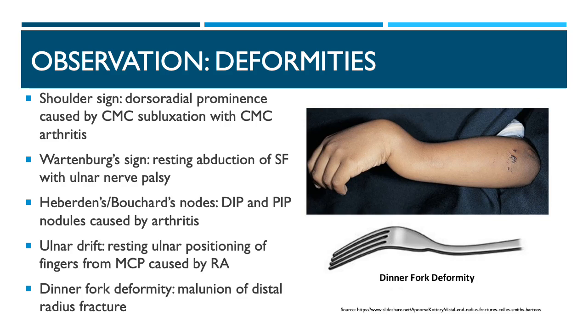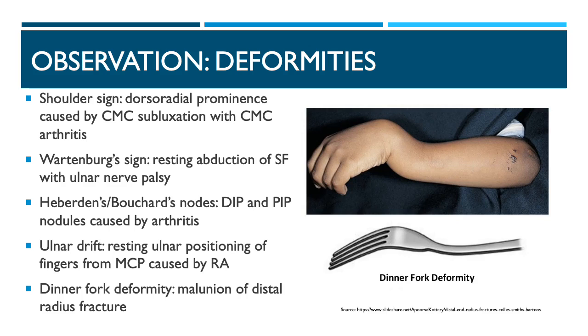With arthritis, either RA or OA, you might see something called Heberden's or Bouchard's nodes. Those are on the DIP and the PIP respectively, just nodules caused by arthritis. You might have some ulnar drift going on. That's the resting position of the fingers in that sagittal band injury that we mentioned. Or even something called a dinner fork deformity.